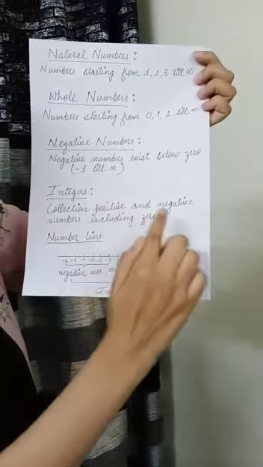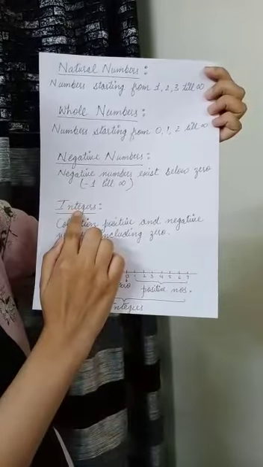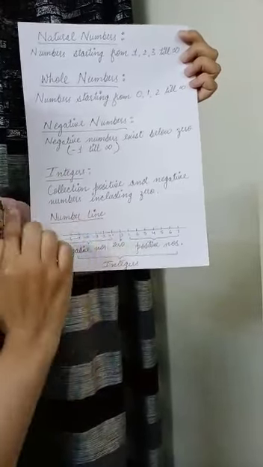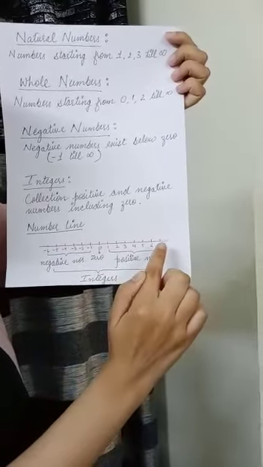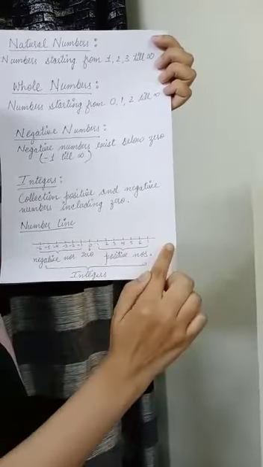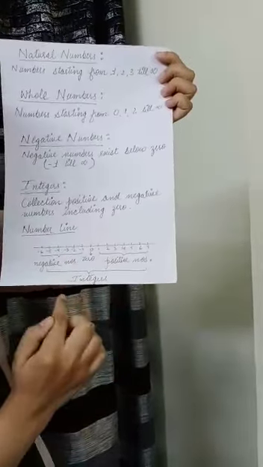The collection of positive and negative numbers including 0 are known as integers. What is a number line? This is a straight line having equal distances marked on it with 0, positive numbers and negative numbers, and these all are integers. Hope you have understood this basic concept of integers, whole numbers, natural numbers, and number line.